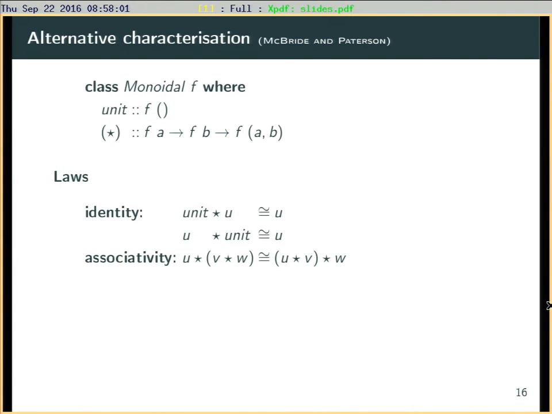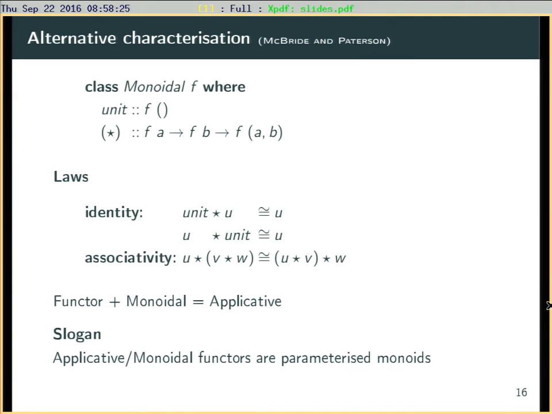Why do we have similarity instead of equality? Because the types don't really match, but you can make it work. But if you look at this carefully, it is essentially the laws of monoids.